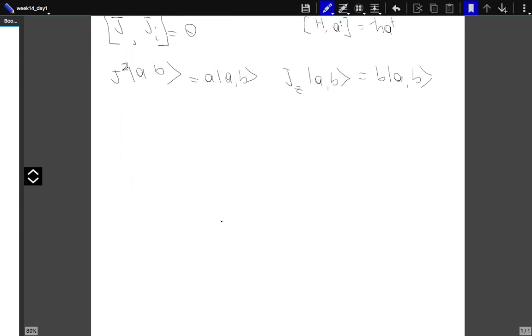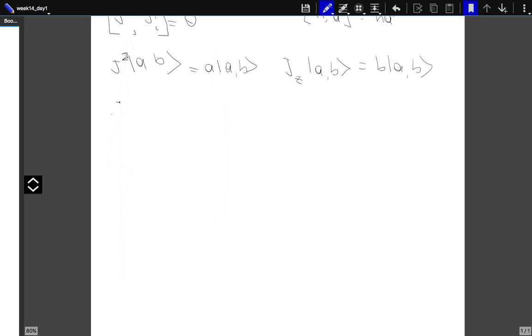Then we showed that A is larger than or equal to B squared, which we derived from the fact that J squared was equal to one half of (J plus J minus plus J minus J plus) plus Jz squared.